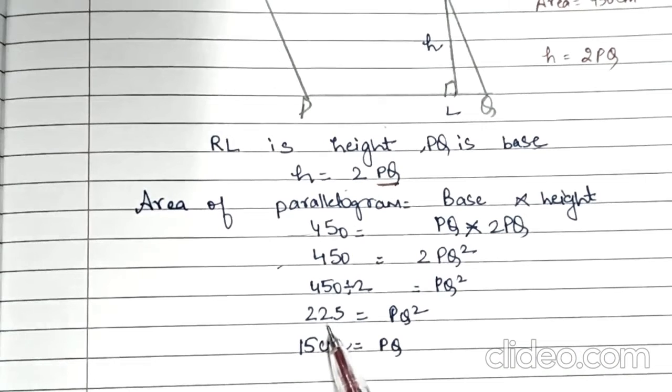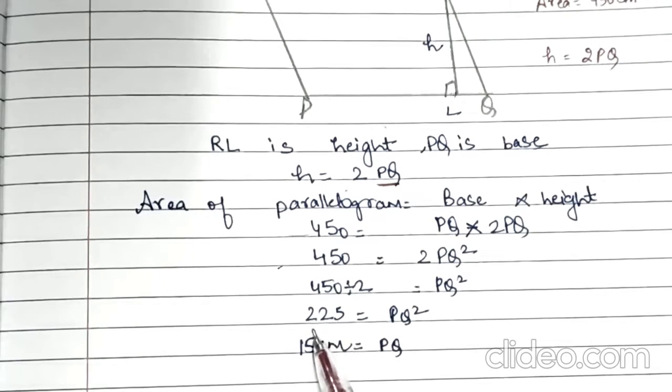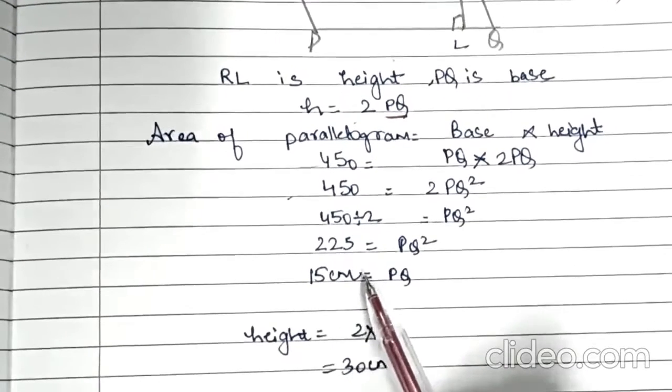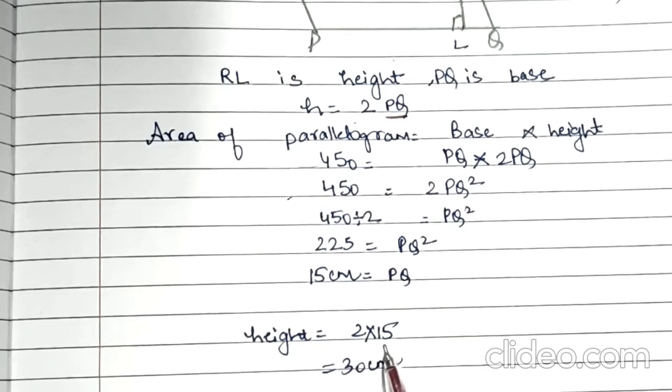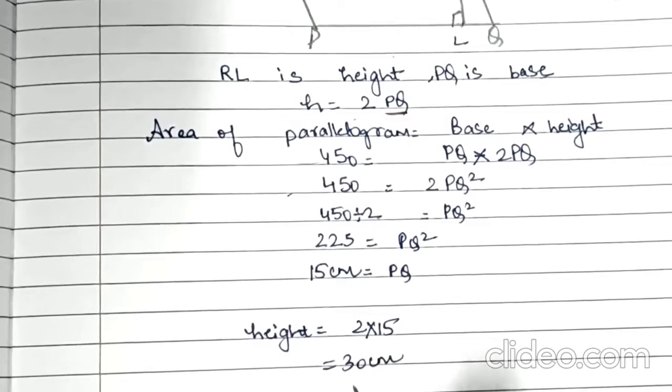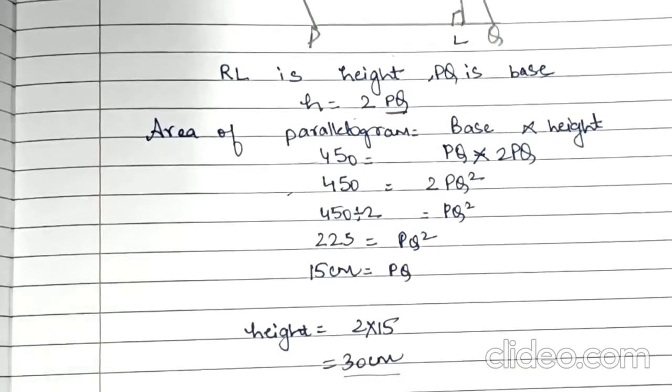We get 225 is equals to PQ square. Now which number whose square gives you 225? That is 15. So the base will be 15 centimeter. Now the height is 2 times the base. Now the base is 15. So 2 into 15 will give you 30 centimeter.